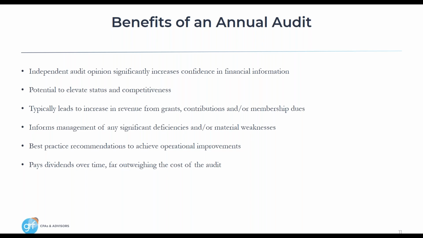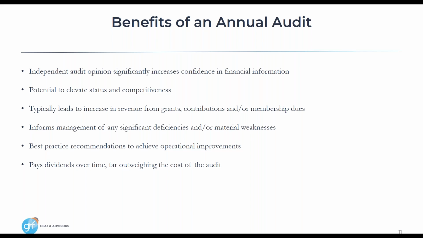Other users include lenders. If you want to go to the bank and get a line of credit for your organization, the lenders will want to see audited financial statements. And on an ongoing basis, as part of the loan covenants, they will want to see, probably on an annual basis, your audited financials. And there are other users too, suppliers, and the list goes on and on.